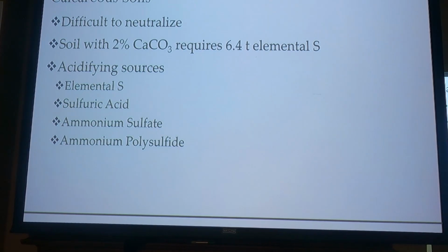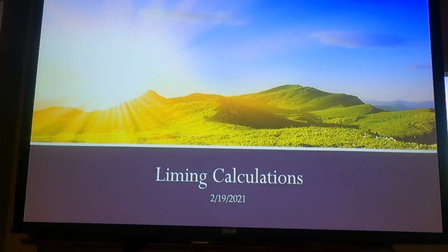Remember, because calcium carbonate is what we use to neutralize the acidity. So if we already have that there, trying to get a soil to come down from pH 8 to pH 6, that'd be almost the same as trying to get it to go from pH 6 to pH 8. Just some things to consider if you ever run into those situations.